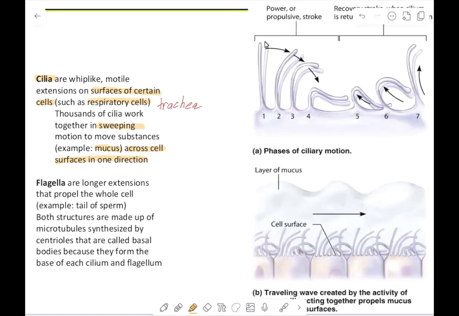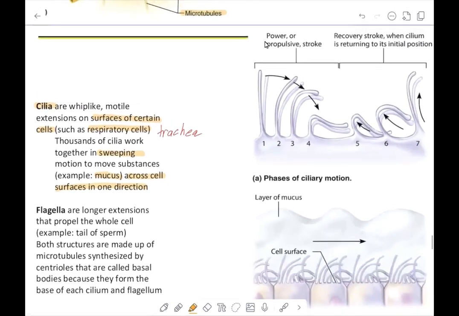And in the case of the trachea, imagine that we're going to take this and rotate it 90 degrees so that it is running alongside your windpipe or your trachea. So if this is our trachea, the cilia are going to be sticking out like brooms, and they're going to be constantly in motion.